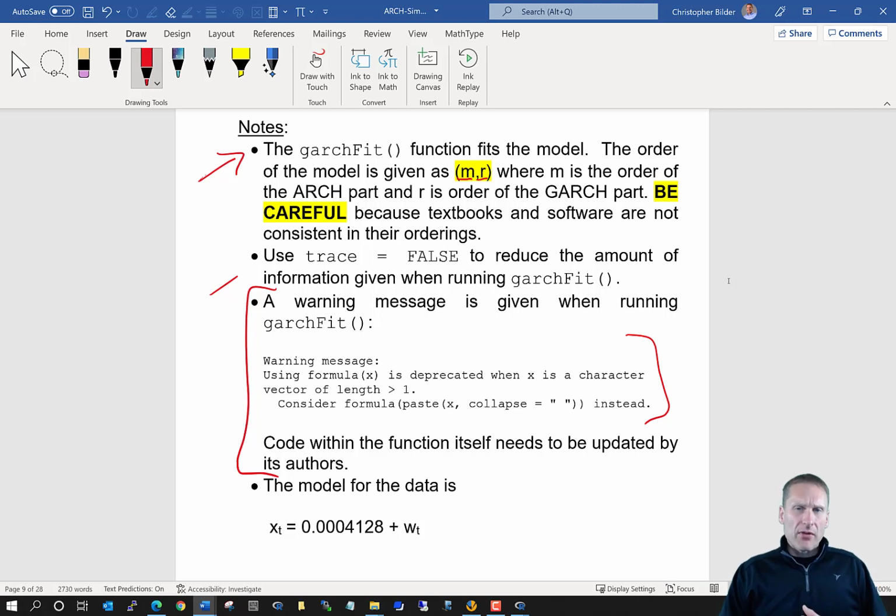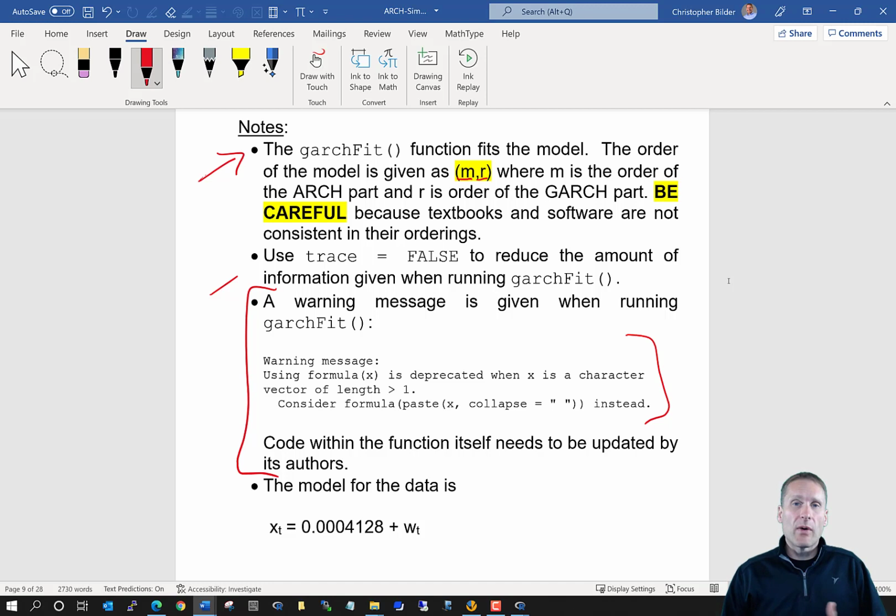And what I believe this warning message is corresponding to is that there is some code inside of the Garch fit function that needs to be updated to new standards in R. I reran this code doing model fitting with this data with other packages, and I get the same model as I do with this package. So I don't think that this is anything to be worried about.